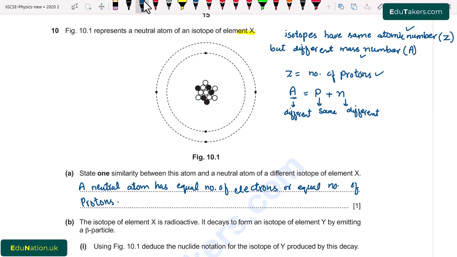While for isotopes, the number of protons are the same, but neutrons are different.